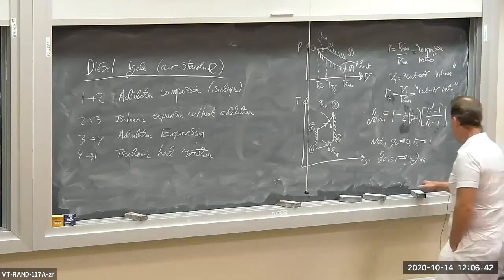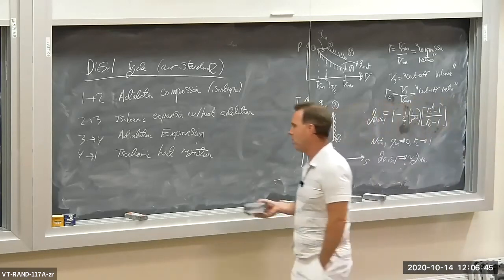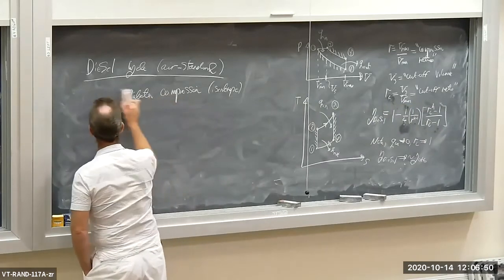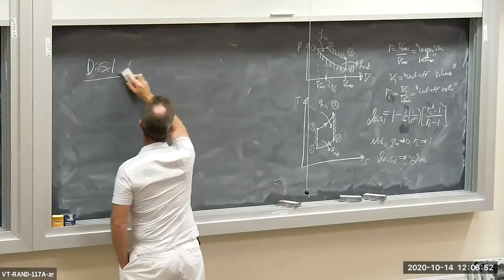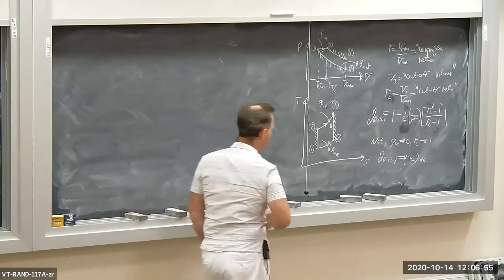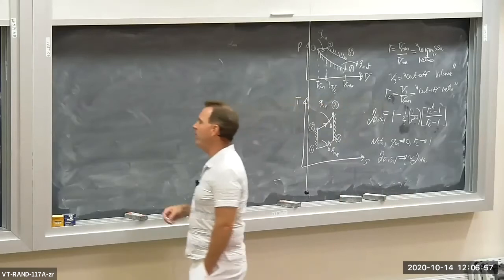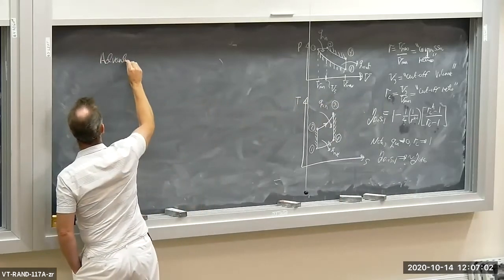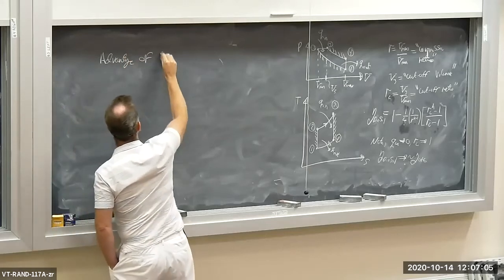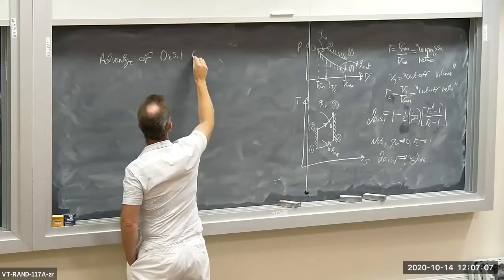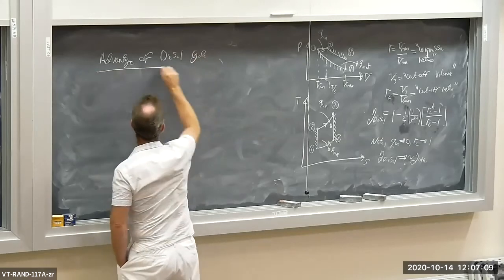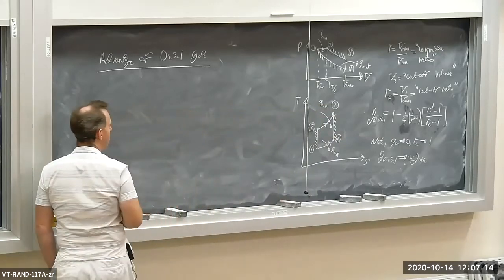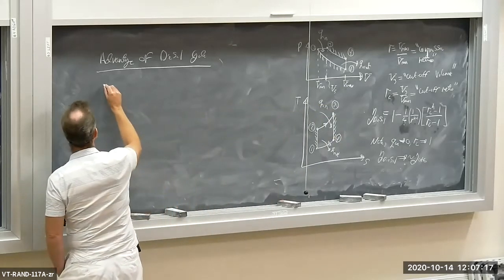Now, why are diesels so popular in many applications? Well, they're very popular because they're often extremely efficient. Why is that true? Why are they extremely efficient? Well, the advantage of the diesel cycle, pretty much the only advantage, I guess, is you can have much higher compression ratios.